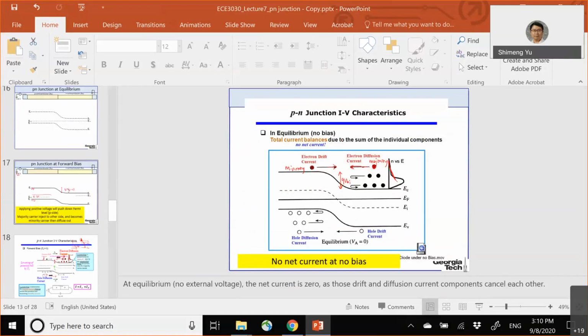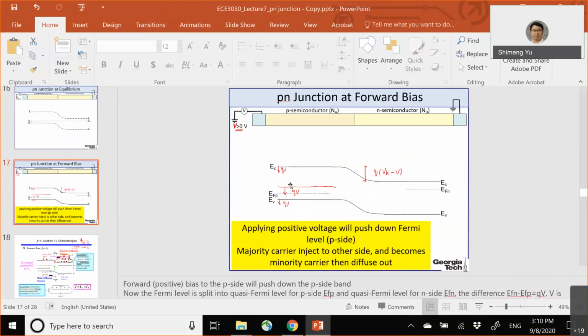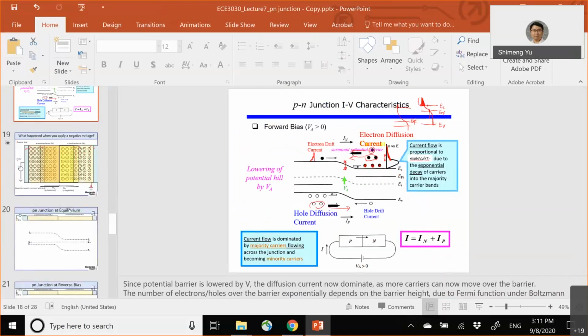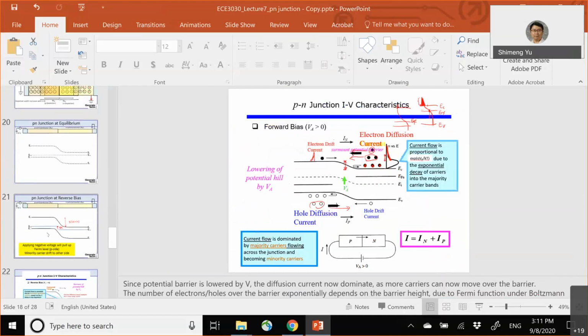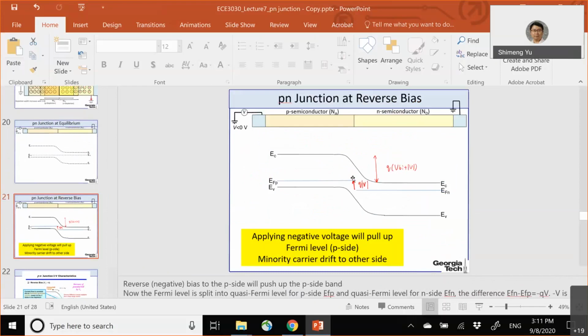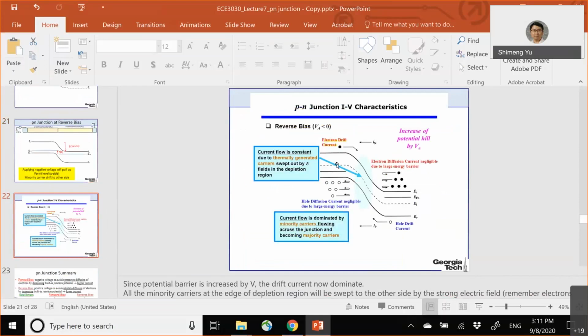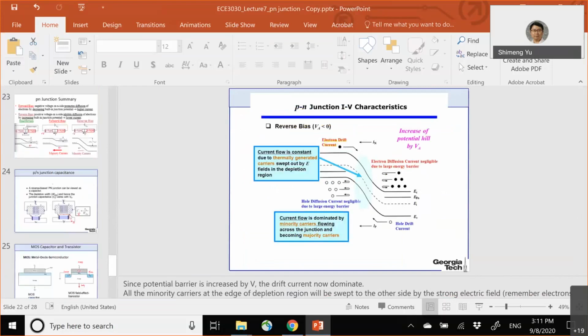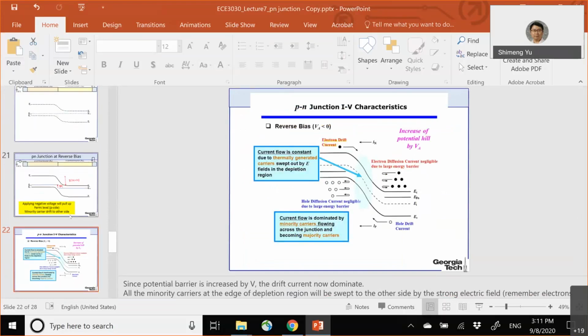And then when you apply the voltage, you split the Fermi level, push down the band for the forward bias. Now you have more diffusion current. And then if you reverse the voltage, you're going to push up, and then the drift current will dominate. The drift current is small. So I think that's the key message we want to deliver in today's lecture.